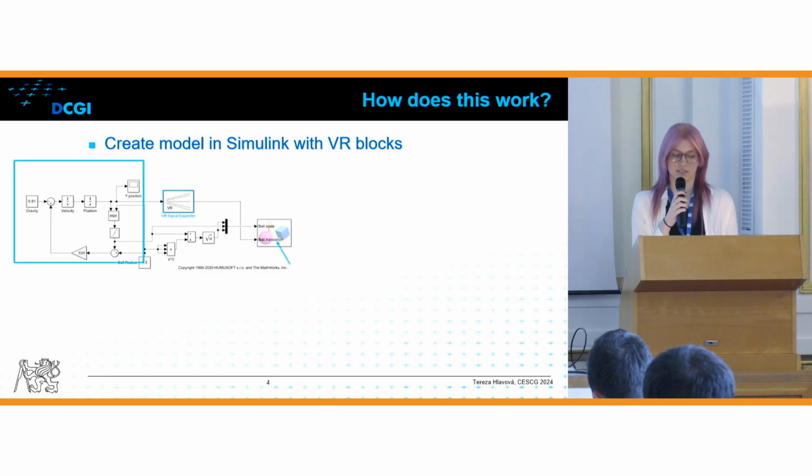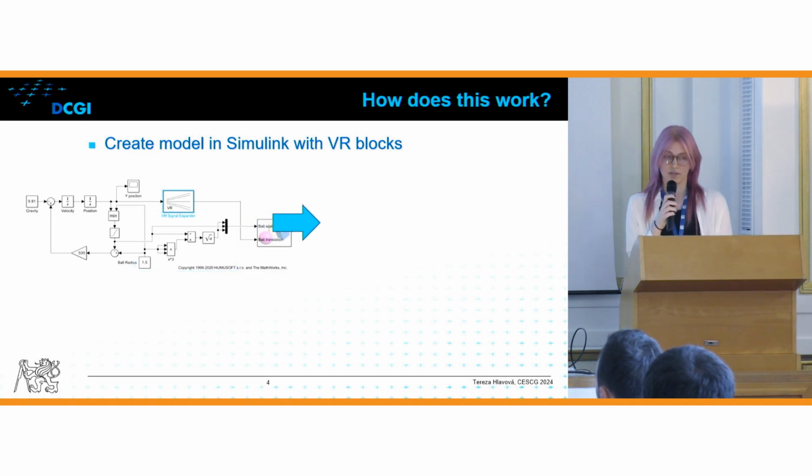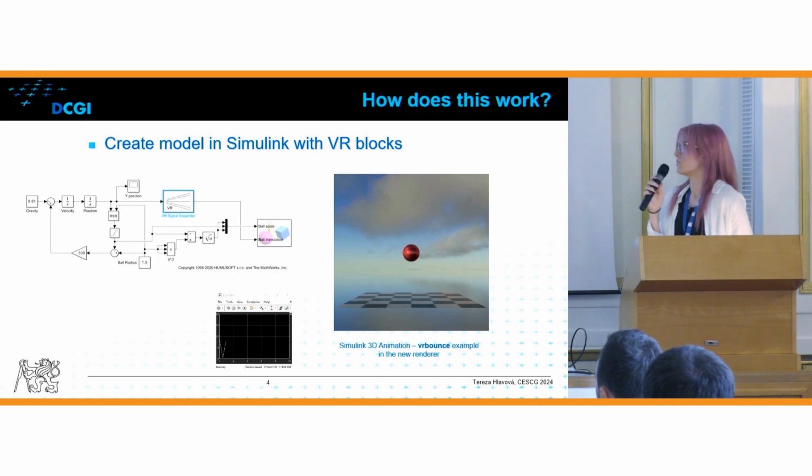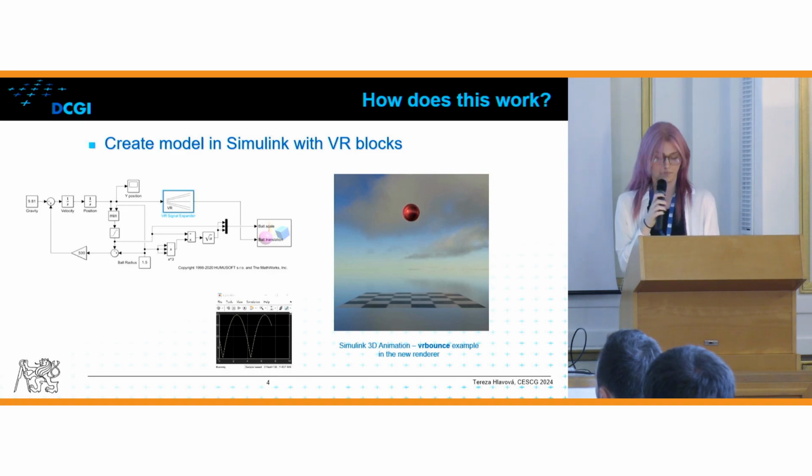There is an object translation, which is influenced by this part of the model, and then there is the object scale, which is influenced by this part of the model. When you compile the model and run it, you can see a simulation of a bouncing ball object visualized with our new renderer.